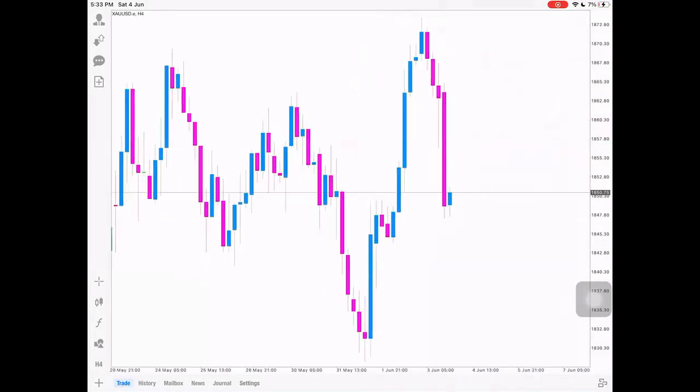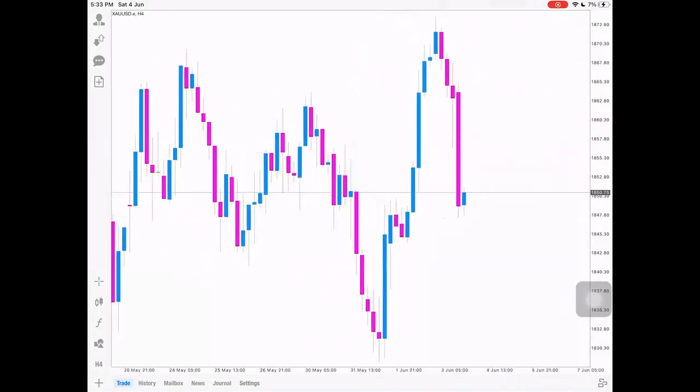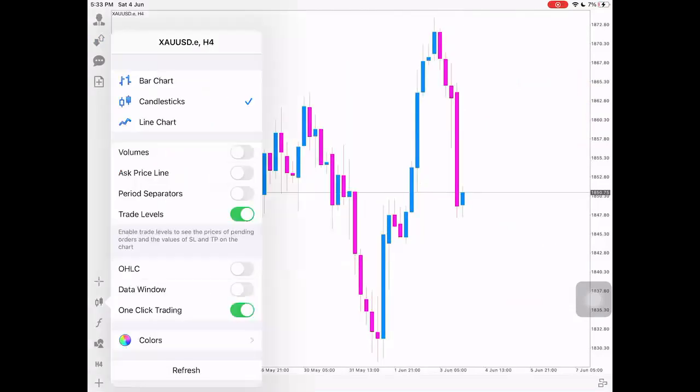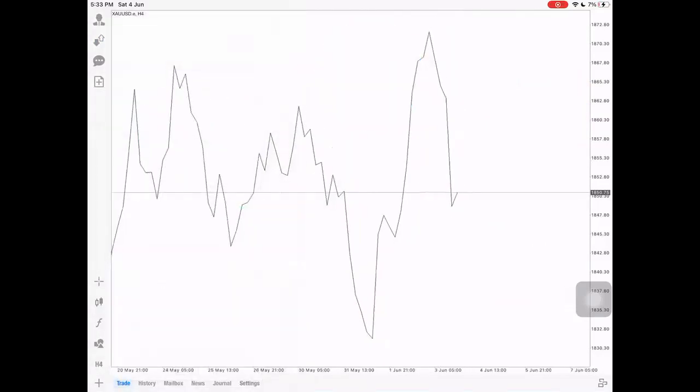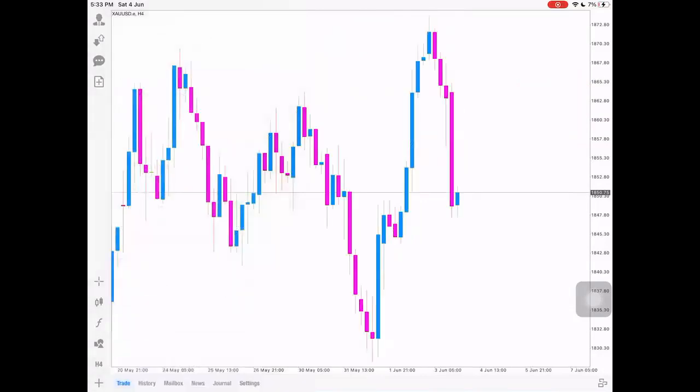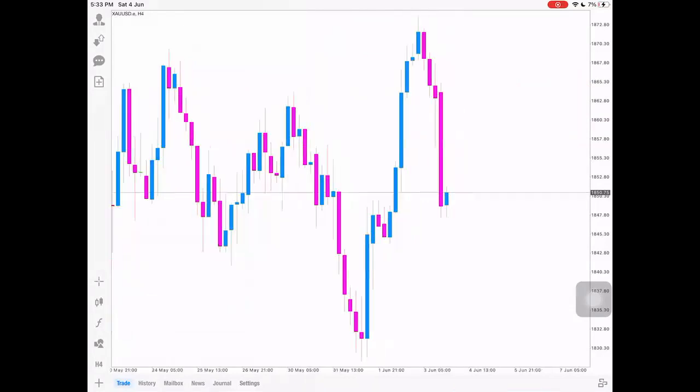And how you do this is, most people would press the line chart separately, and this is very tedious. You don't want to do this to yourself. You just want to see everything at the same point because the line chart will correspond with the candlestick chart.